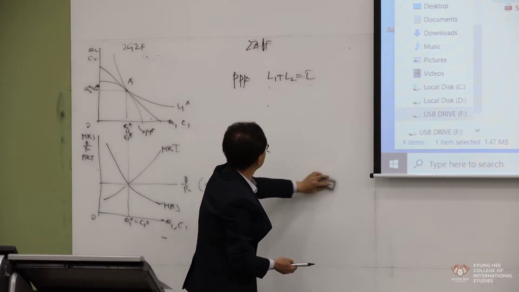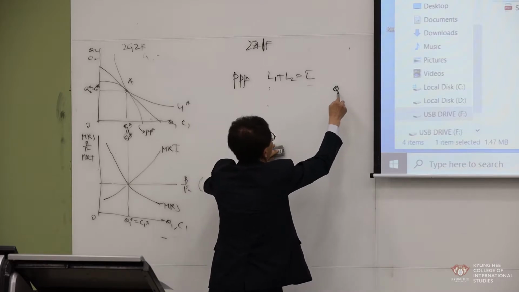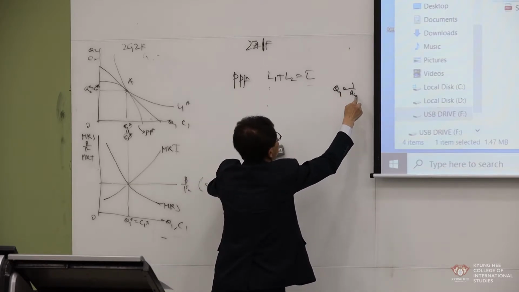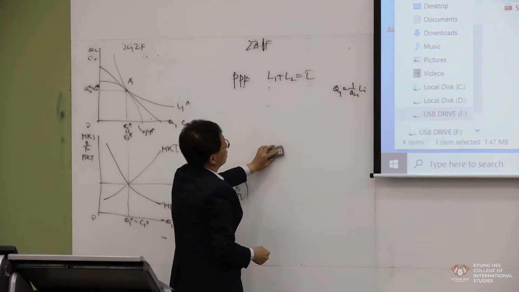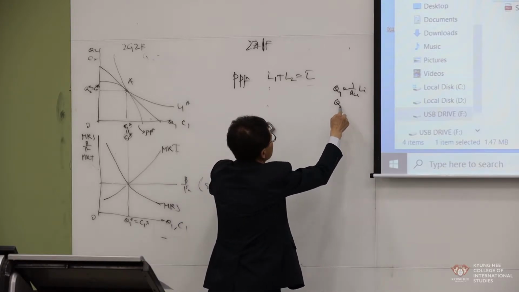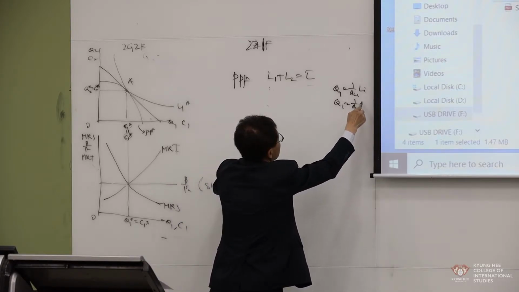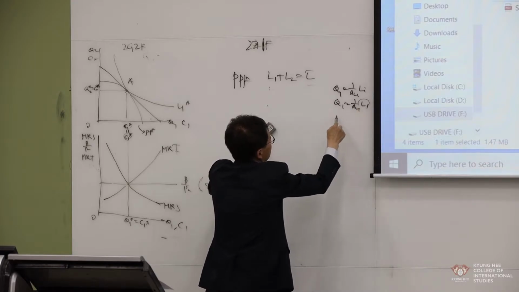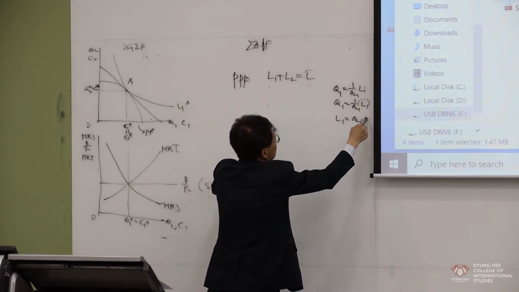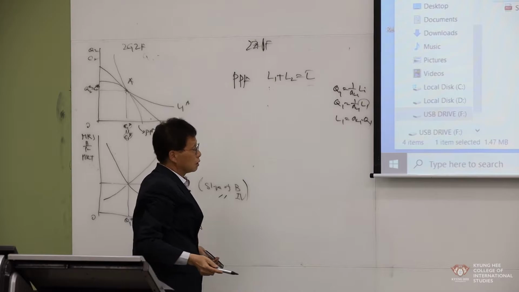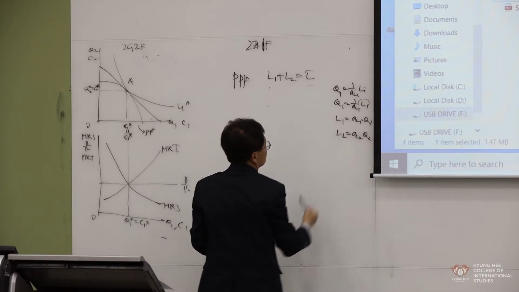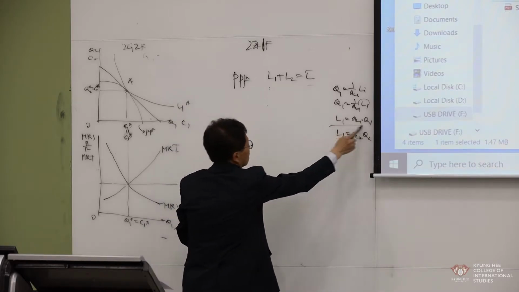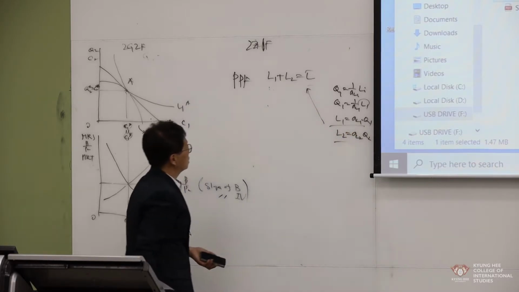And more specifically, we assume that Qi is equal to 1 over ALi times Li. Right? That is the production function. In other words, Q1 is 1 over AL1 times L1. Thus, L1 is equal to AL1 times Q1. Right? Similarly, L2 is equal to AL2 times Q2. This one is inserted here.